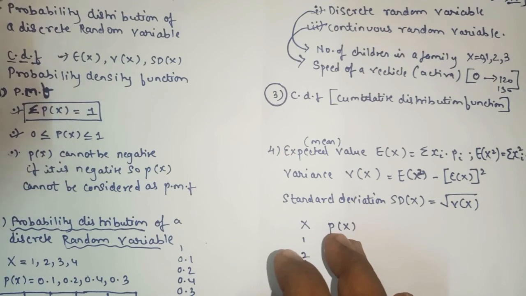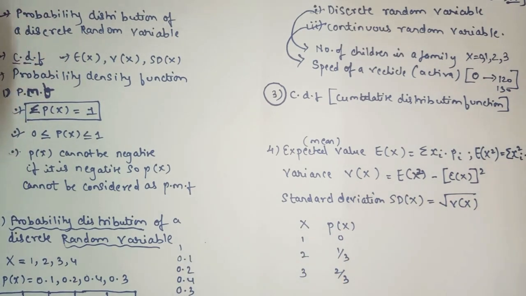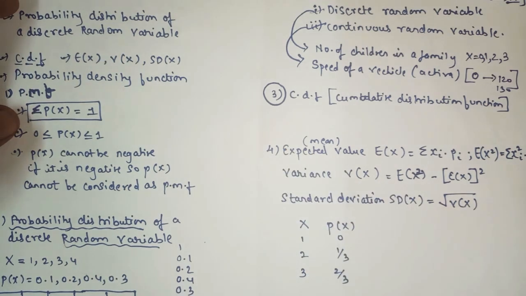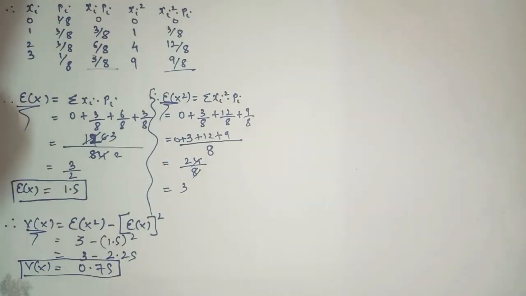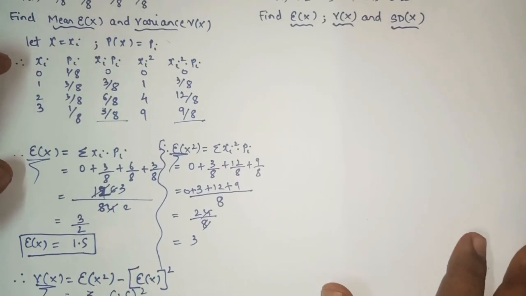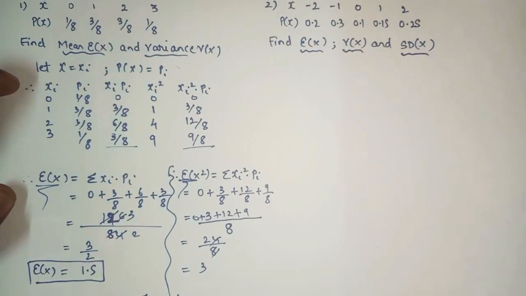In the first exercise, the majority of the sums are based on point number 4, where you have to find the expected value, variance, and standard deviation. So here I took one example where you have to find the mean and variance.